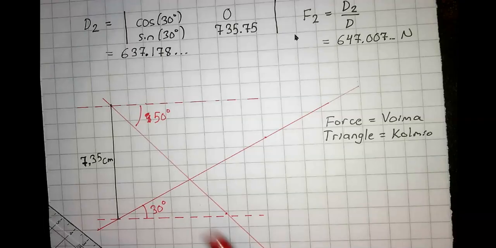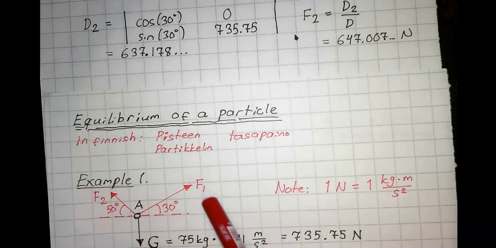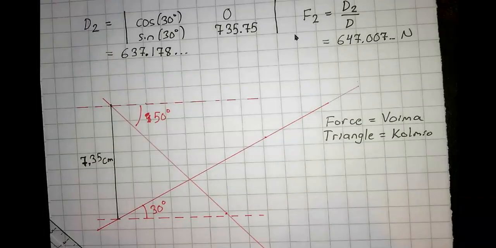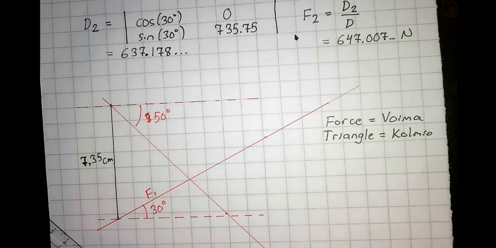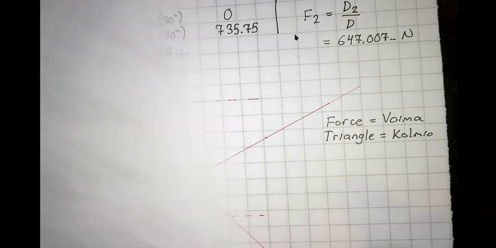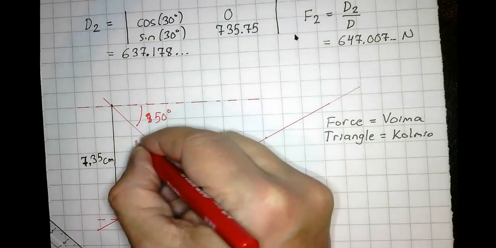And this line was in the same direction as F1, so this will be F1. And this line was in the same direction as F2, so this part will be F2.